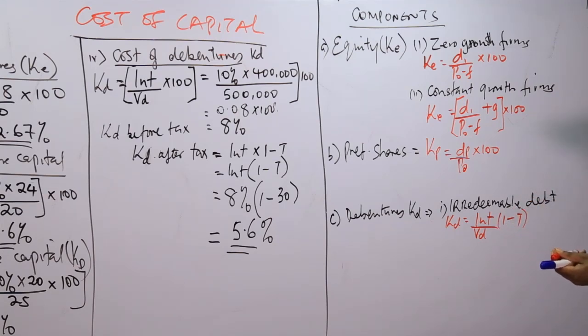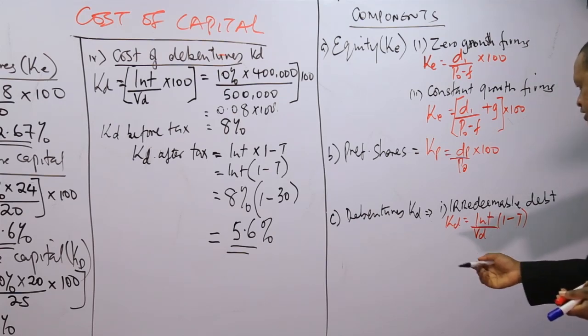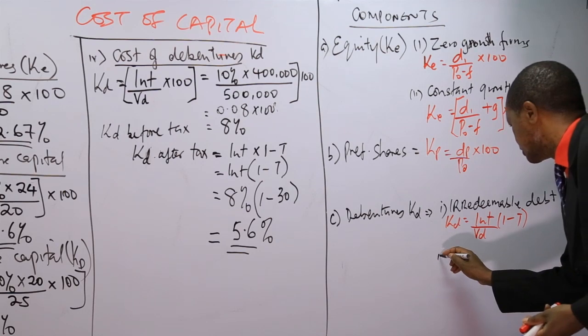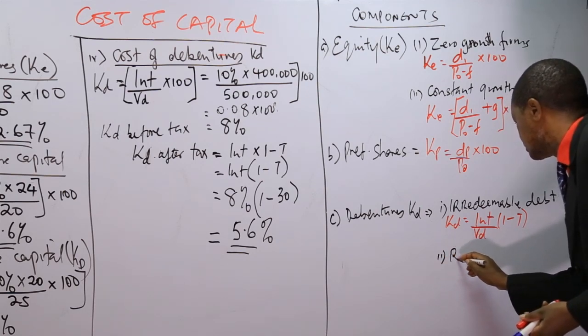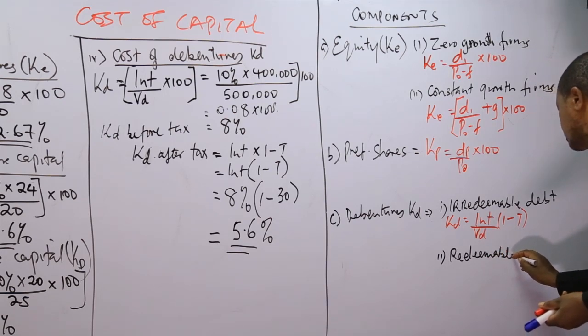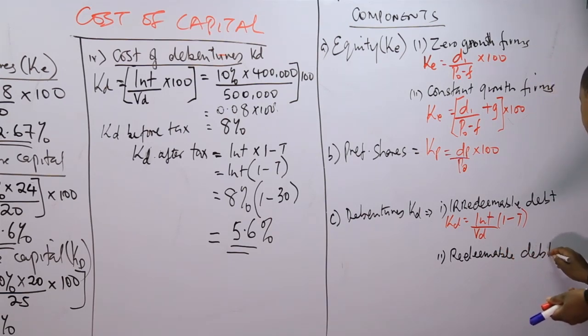Then we have discussed the other category of debentures, which is the redeemable debentures. These are debentures with a maturity period.